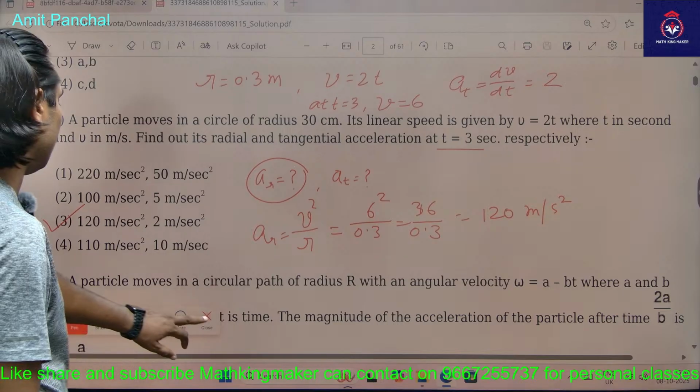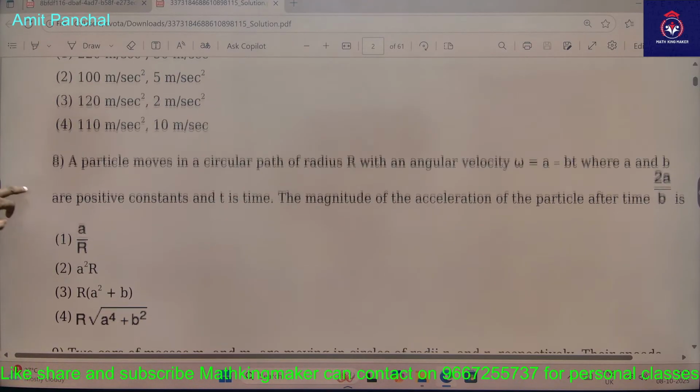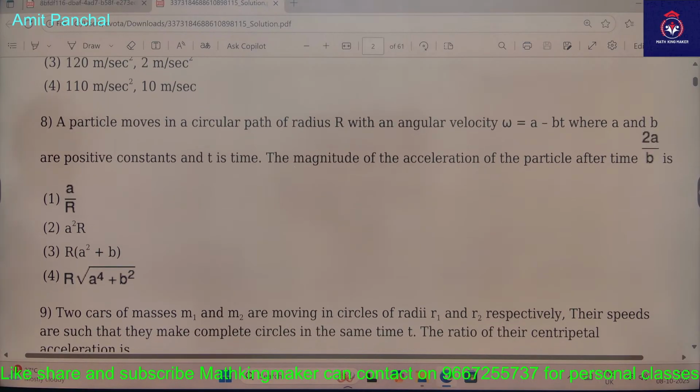Now the next question is also about a particle moving in a circular path of radius r with an angular velocity. This time angular velocity is given, where a and b are positive constants and t is time.